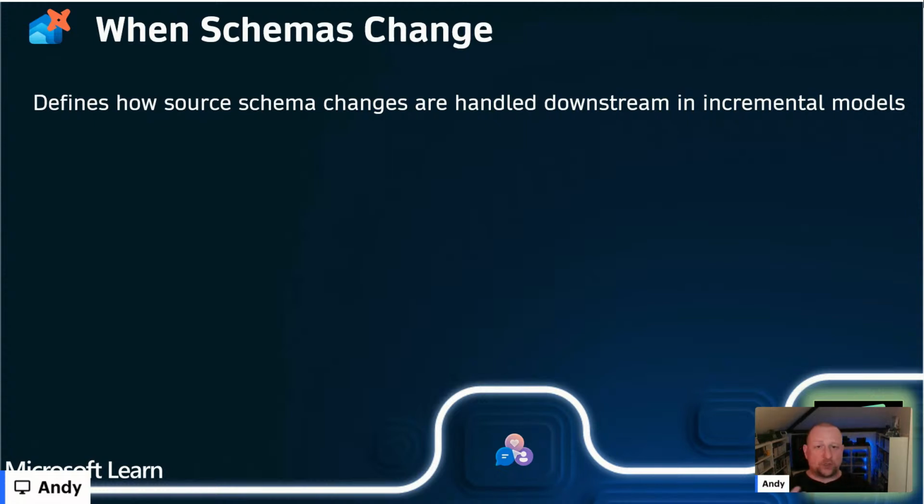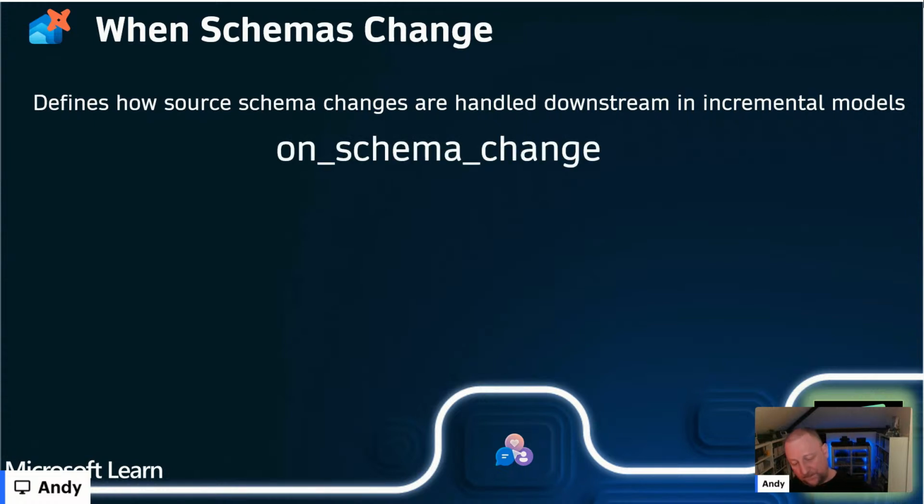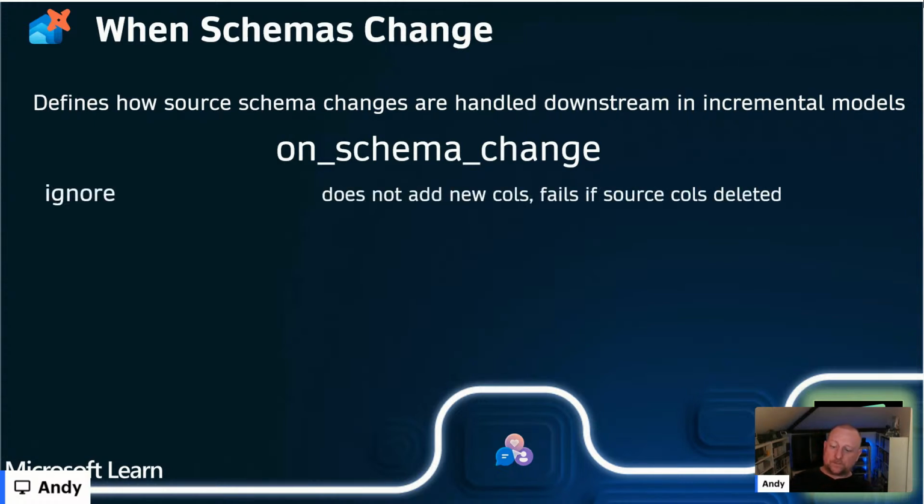So you've got some options. When you're creating DBT models in which you're not blowing away and recreating the table, so if you've got incremental changes, if you've got, which we'll see, tables set up as slowly changing dimension tables, we've got a property that we can use called on_schema_change.